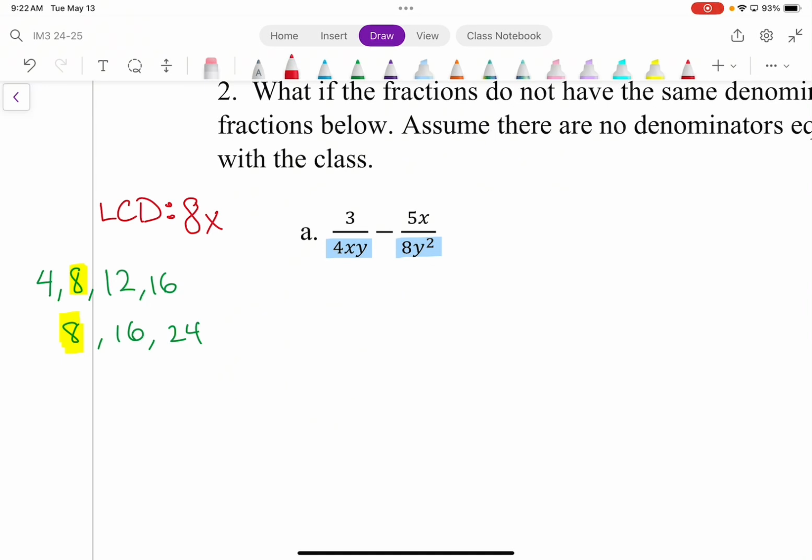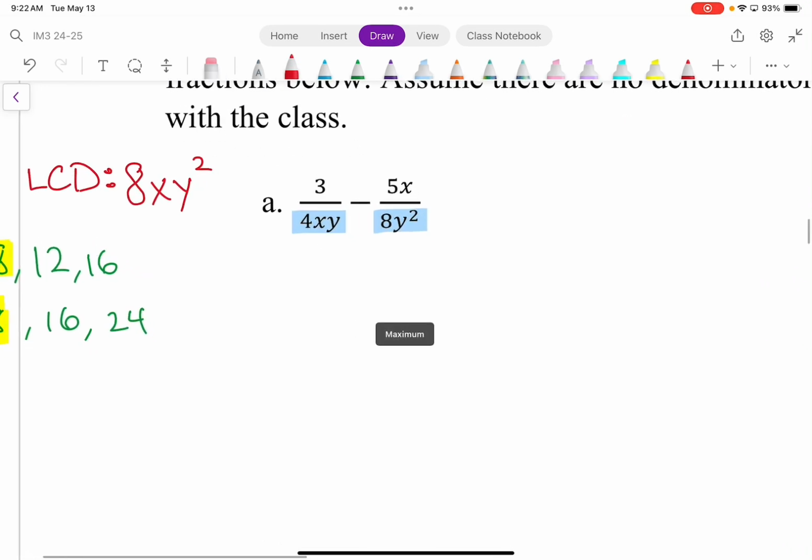What does the second denominator have that the first denominator doesn't have? An extra y. So that means we need 2 y's. So our LCD is 8xy squared. So you're going to turn each fraction so that it has a denominator of 8xy squared. Okay?